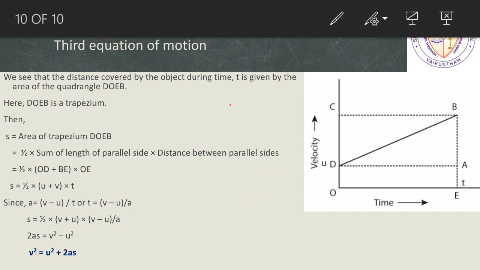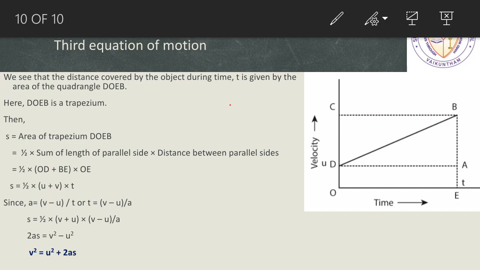The first one is v is equal to u plus at. The second one is s is equal to ut plus half at square. The third one is v square is equal to u square plus 2as. Okay, in the first one we take the help of the definition of acceleration.